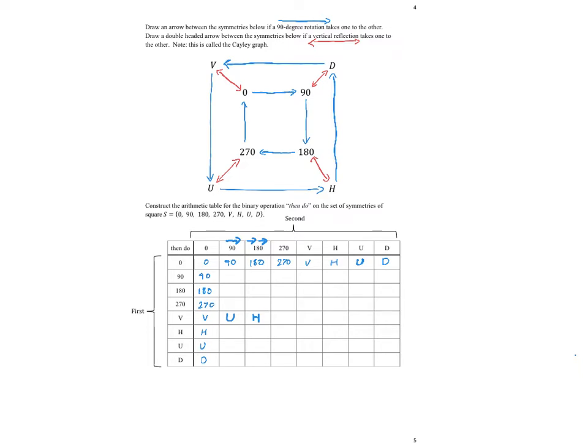Okay, so the next part, V and 270. So I would be at V, and 1, 2, 3 90s makes 270, bringing me to D. So I'll put a D right there, and I'll remind myself that anytime I want to do a 270, I can do 3 blue arrows.